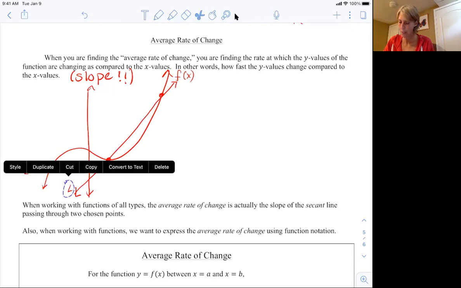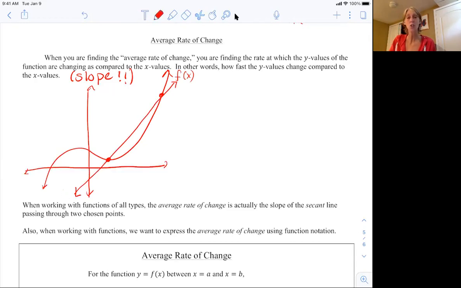We're really going to be finding the slope of what we call a secant line. So we know the slope formula to be y2 minus y1 over x2 minus x1.